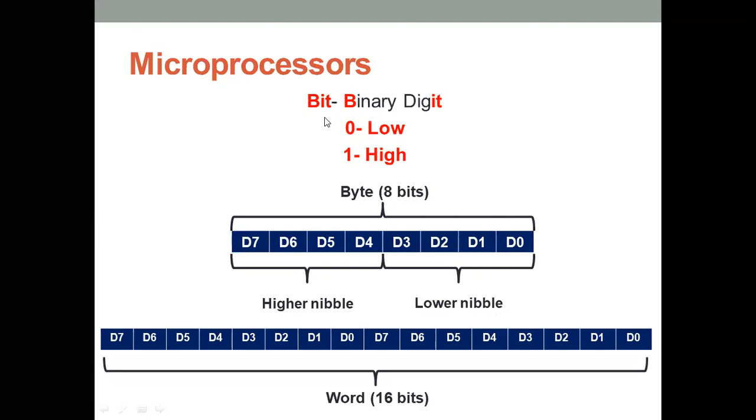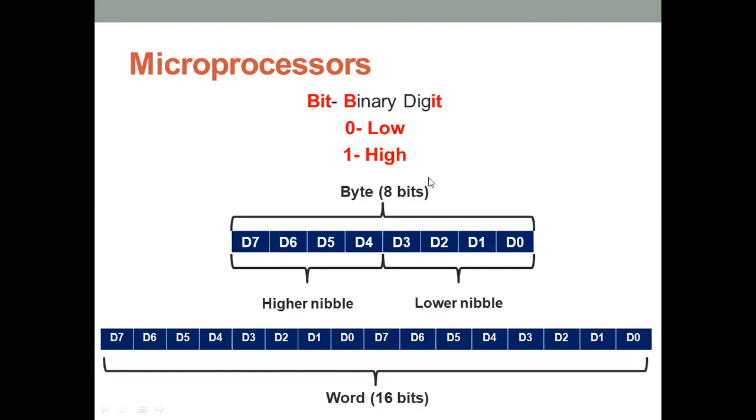Now just see that bit. A bit means 0 and 1, the binary digit. Everything can be converted into its equivalent binary form, any decimal number. These bits form a byte. 8 bits form a byte, so 8 bits means D0 to D7.